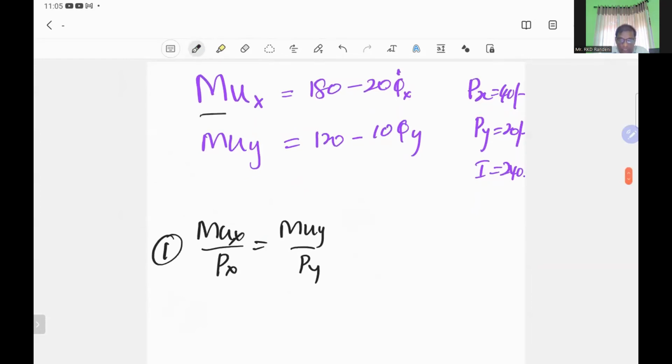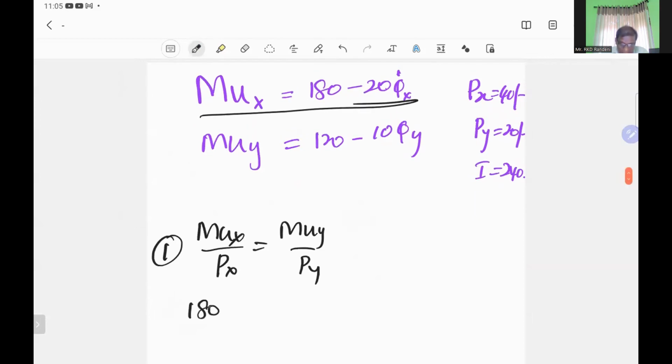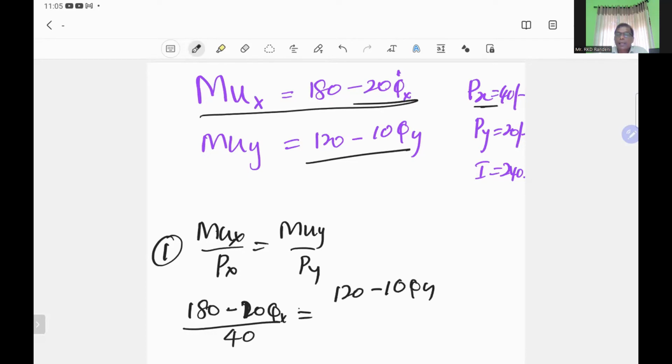Now MUx is given. What is MUx? 180 minus 20 qx. This part is given. Divided by price of x, it is given 40. Equal, then MUy, it is given 120 minus 10 qy, divided by Py, given 20.